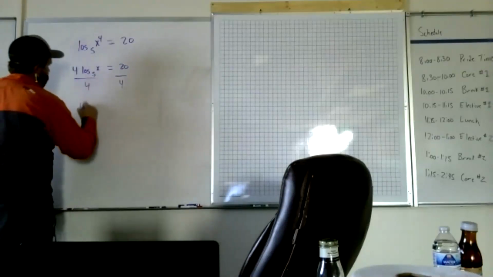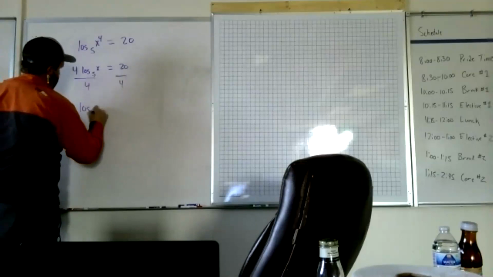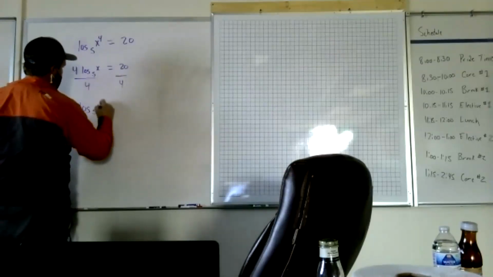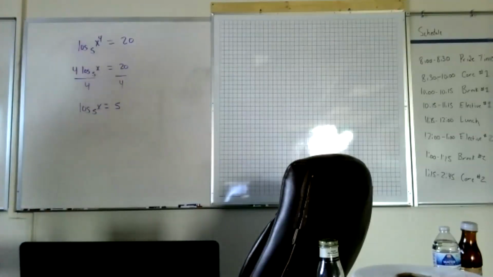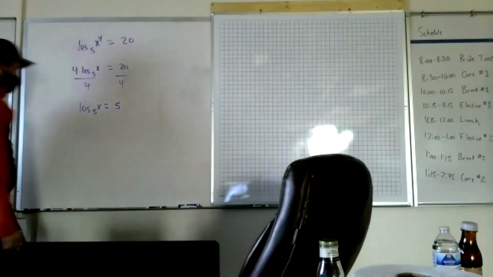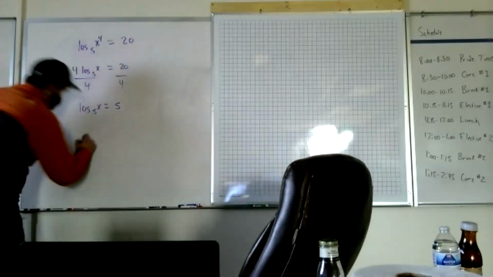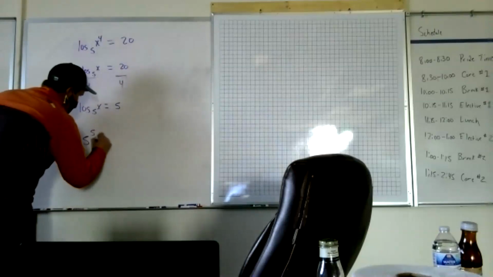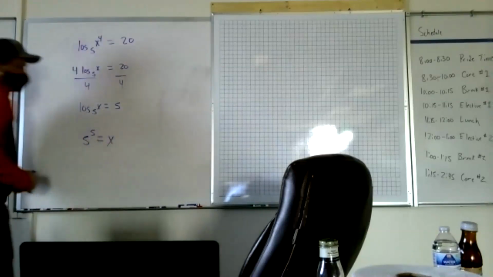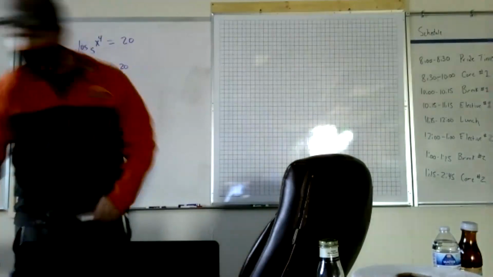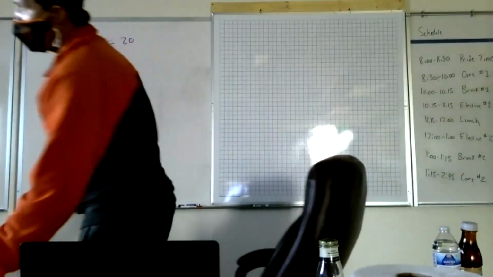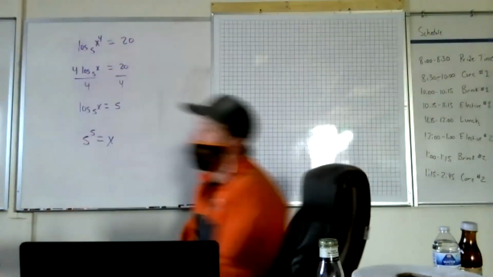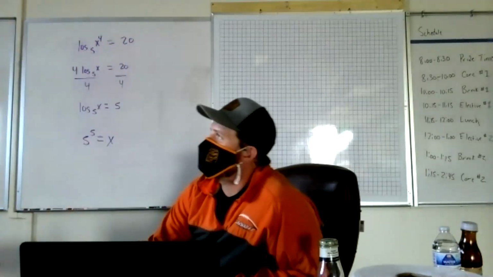I get log base 5 of x is equal to 5. Here in this case, it's a little easier to change it into exponential format, which says that 5 to the 5th is equal to x. 5 to the 5th is equal to 3,125. Although they're saying round to the nearest hundredth.